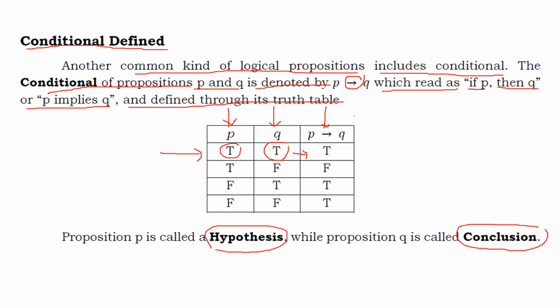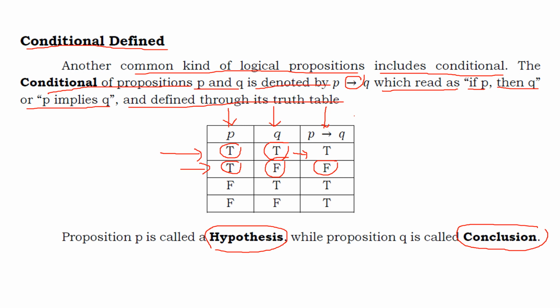Now, in the third row here, your P proposition is true, your Q proposition is false, but the resulting truth value for the conditional of propositions P and Q is false.